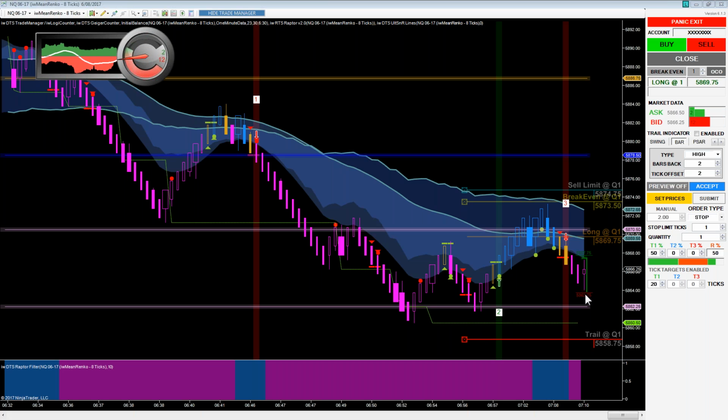All right. One more push here on the part of the buyers. If I can get this bar to finish near the highs, maybe print one more bar in my direction, that would be a good cue to start rolling the stops up.